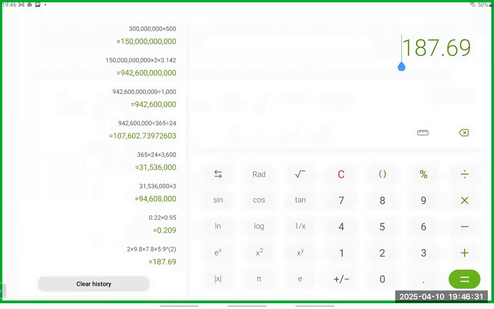So you get 187.68. So finding the square root, 13.7.